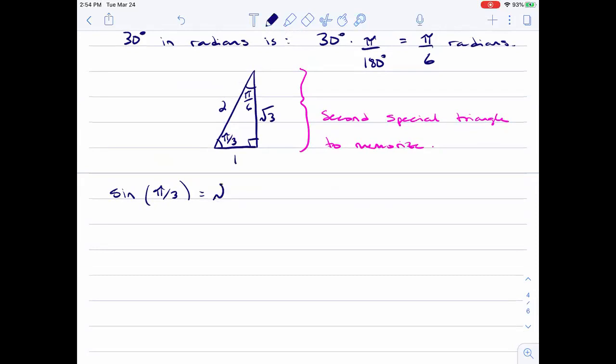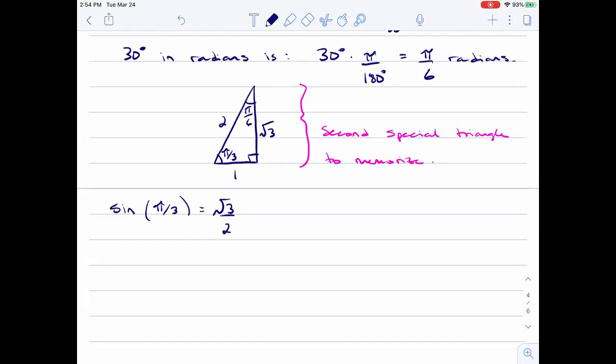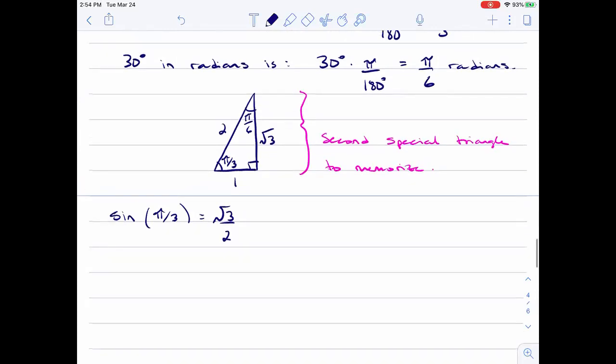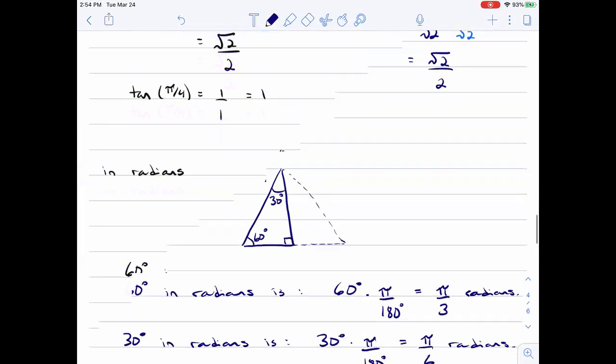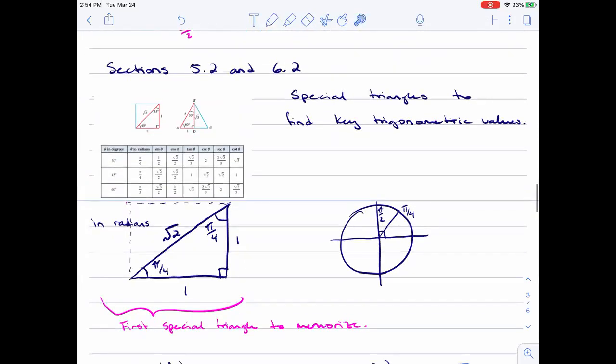So then I've got root 3 over 2, so the sine of pi over 3 is root 3 over 2. That's what we got. Let's do cosine and then let's do tangent.